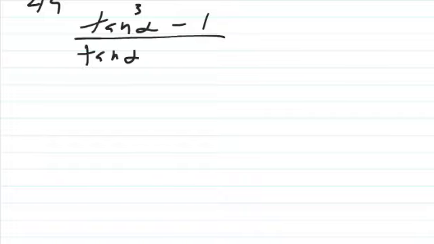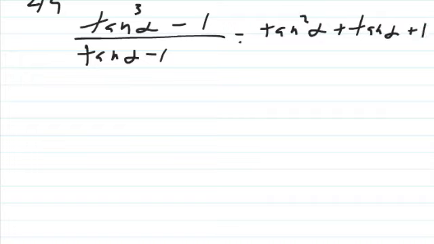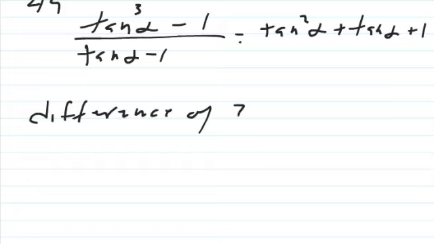The next checkpoint that we're looking at is number 49, which starts out with tangent alpha cubed minus 1 over tangent alpha minus 1 is equal to tangent squared alpha plus tangent alpha plus 1. Now, we have some choices on how to approach this one, but before we do, there's an important thing that we need to go back and look at from algebra, and that's called the difference of two cubes.